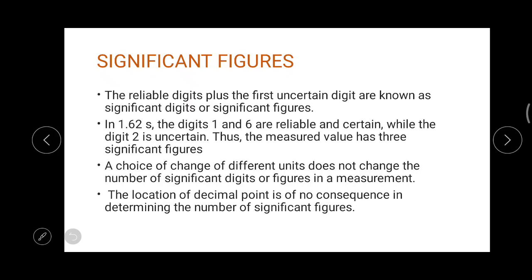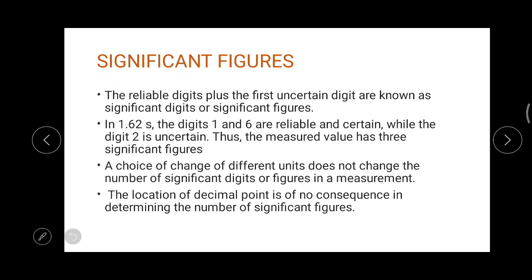Suppose in 1.62 seconds, the example given, the digits 1 and 6 are reliable, that is, they are certain numbers, while the digit 2 is uncertain.